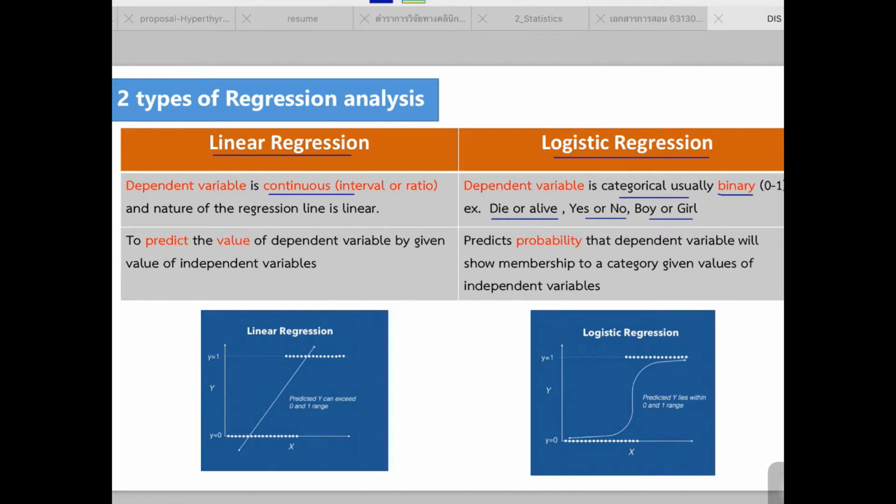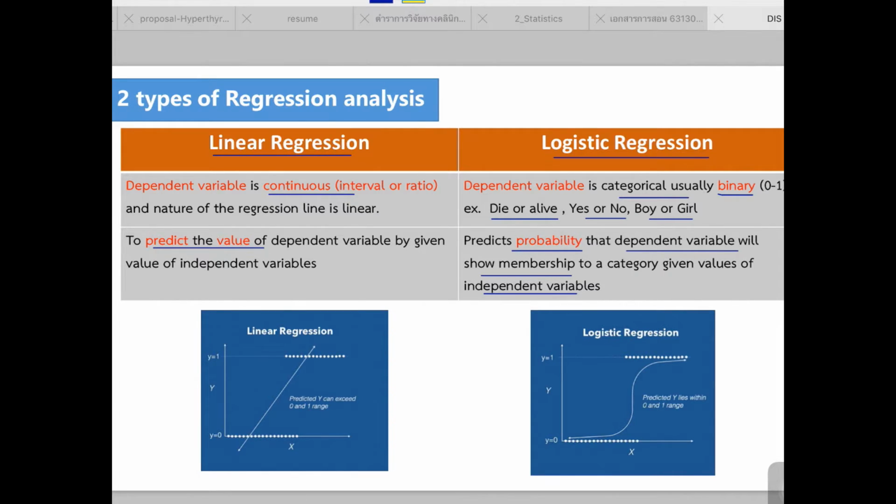The other difference is that linear regression is used to predict a value, which means a continuous variable, but logistic regression is used to predict the probability that the dependent variable will show membership to the independent variable.